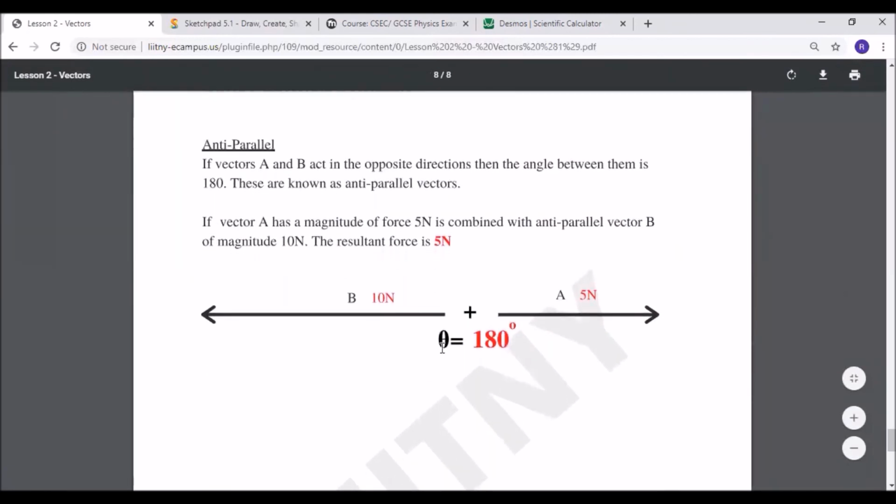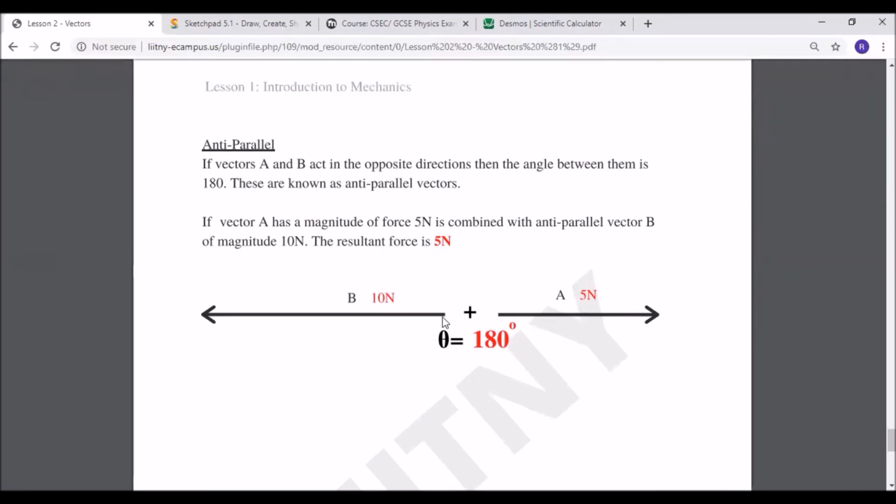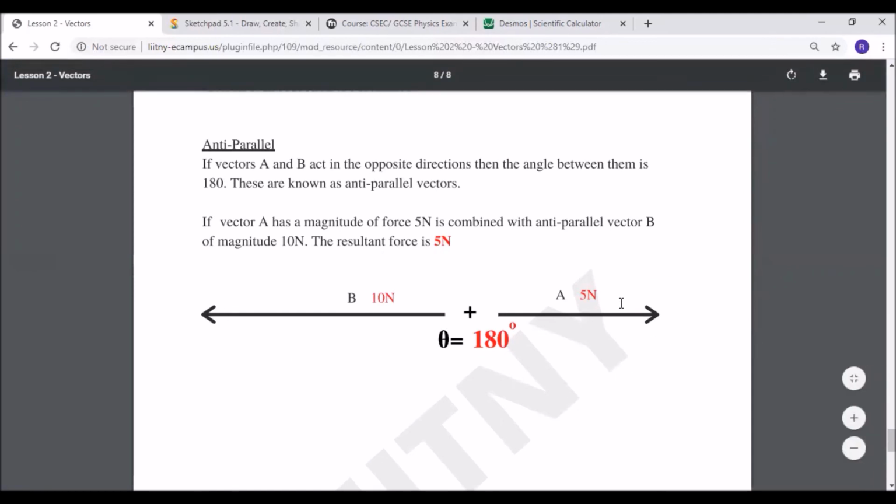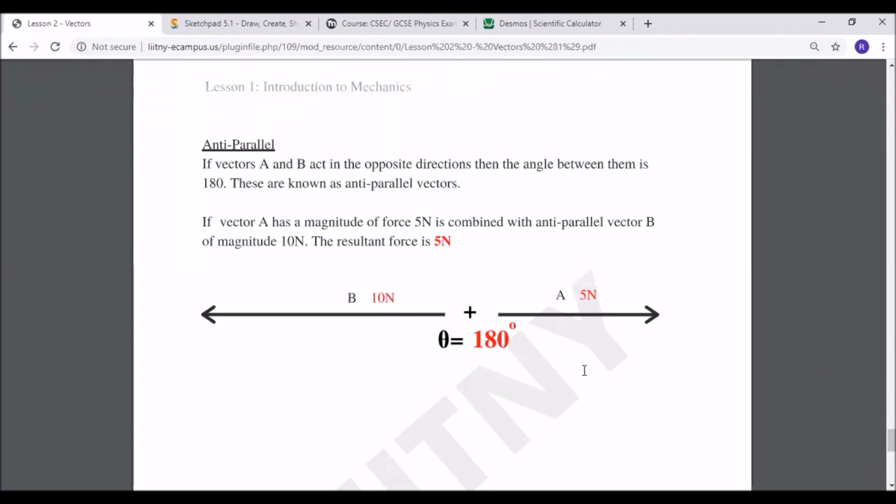But with anti-parallel vectors now, that means they are traveling at directions away from each other. So if we have vector A traveling in this direction and vector B traveling in this direction, and this is 10 newtons and this is 5 newtons, when you add these vectors, it's almost like adding a negative number.